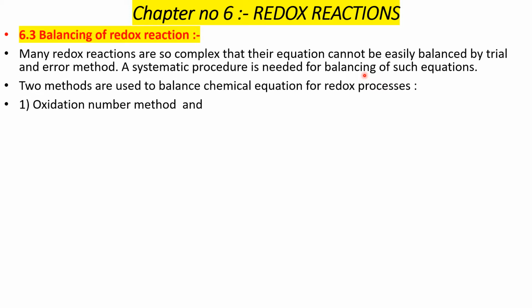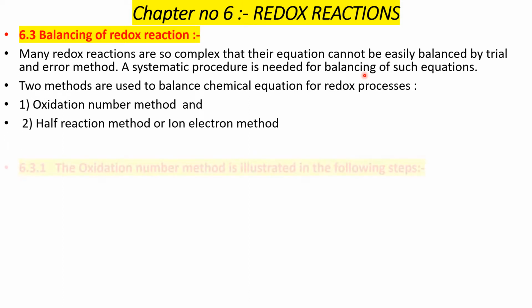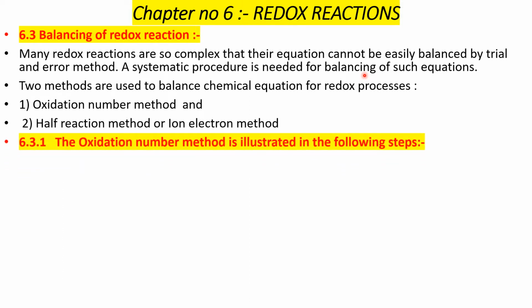There are mainly two methods used to balance the chemical equations for redox processes. First, the oxidation number method. Second, the half reaction method, or ion electron method. First, let us discuss the oxidation number method.